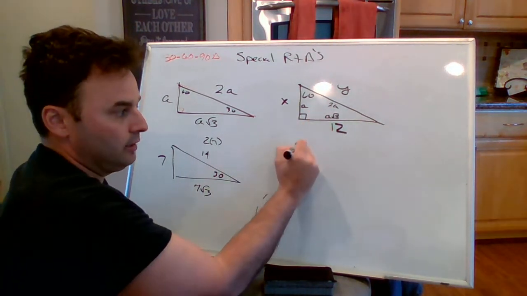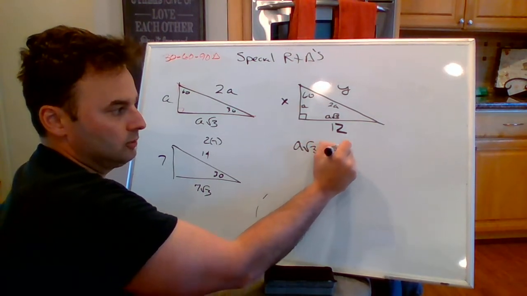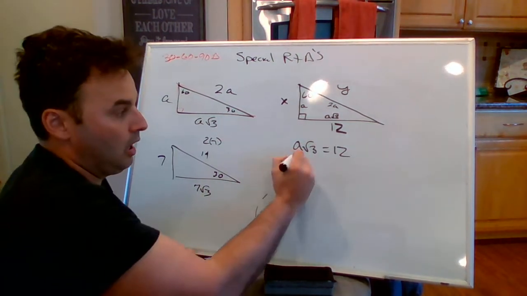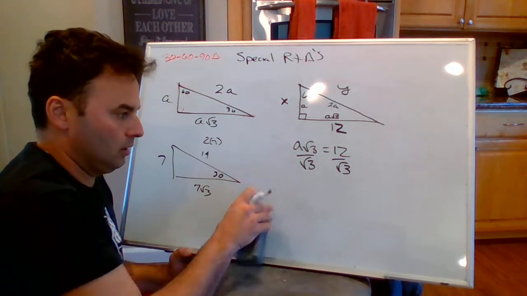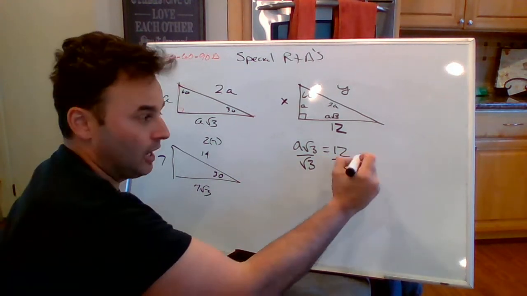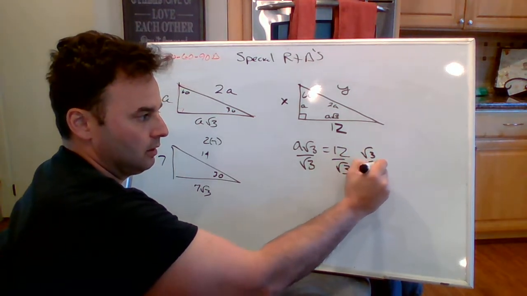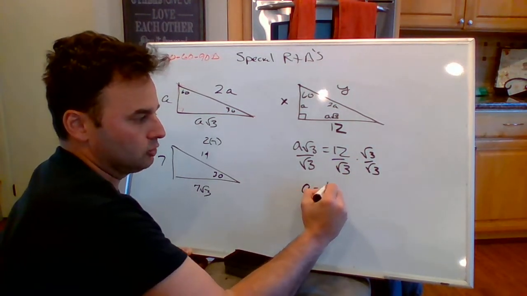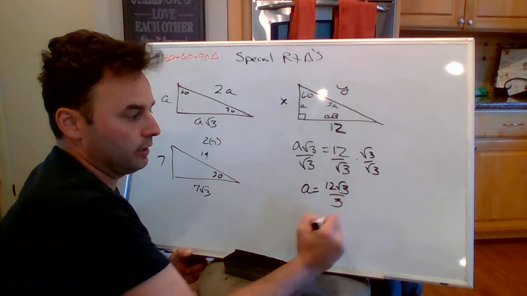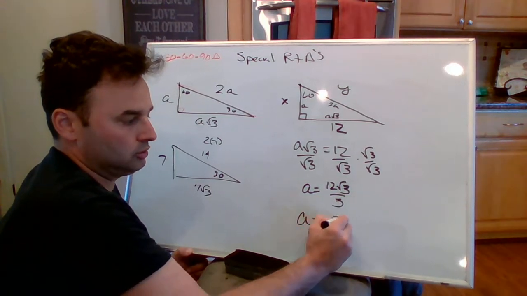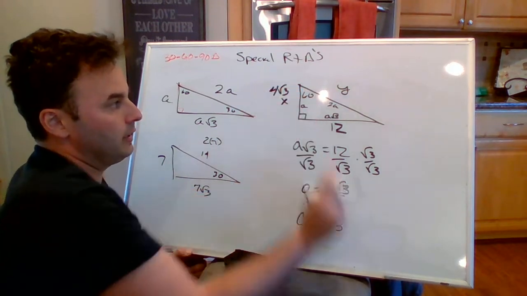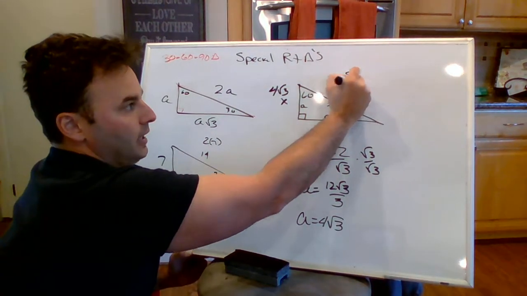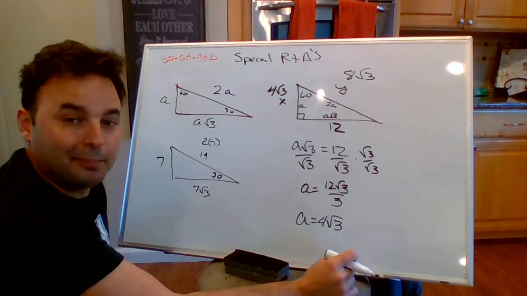A radical 3 corresponds with 12. I'm going to divide both sides by radical 3. I have to rationalize the denominator. So A is 12 radical 3 over 3, which reduces to 4 radical 3. So x is 4 radical 3. y is going to be 8 radical 3 because we're multiplying it by 2.